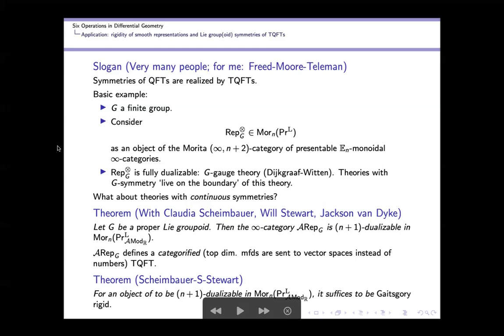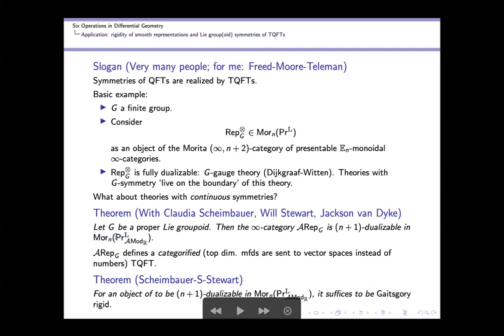And the question is, if you go higher, into the setting of n-categories, what should you put there as some category of higher vector spaces? As experience has shown, one very good such category is this higher Morita category.